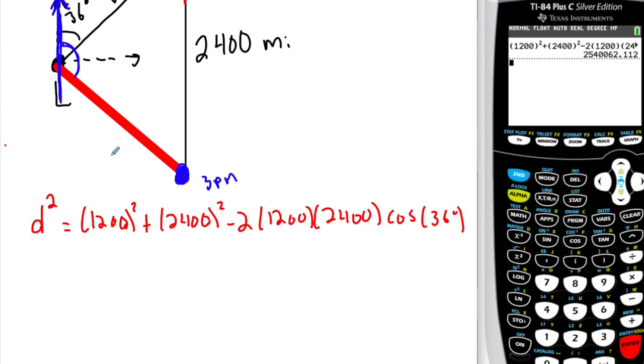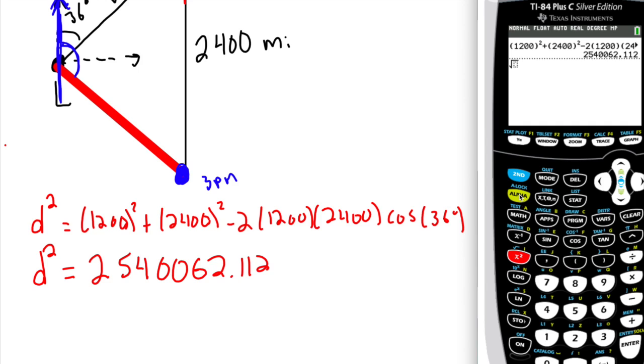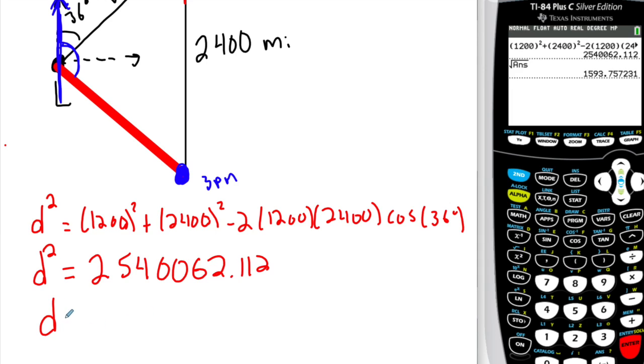Wow. So what we get is the distance squared is equal to 2,540,062.112. So this is about 2.5 million. Okay, and I want the distance, so I'm going to square root the answer, and I'm going to expect to see a good number of decimals here. Okay, so the distance is approximately 1,593.757.